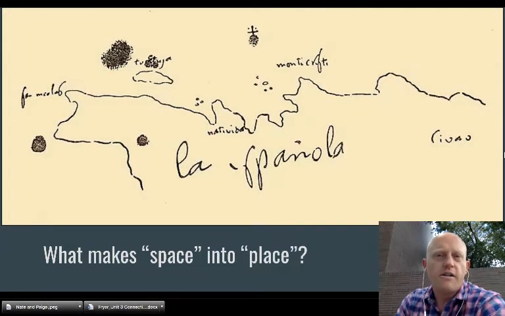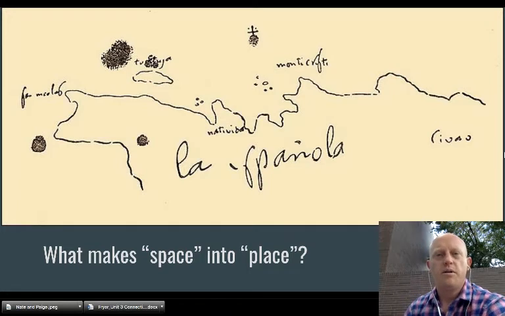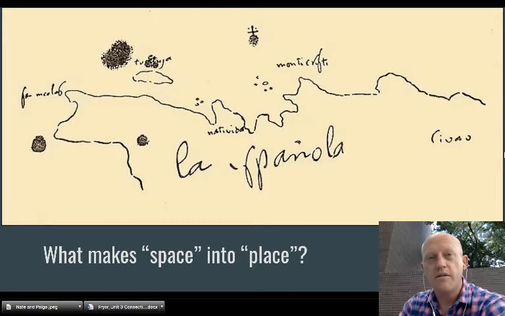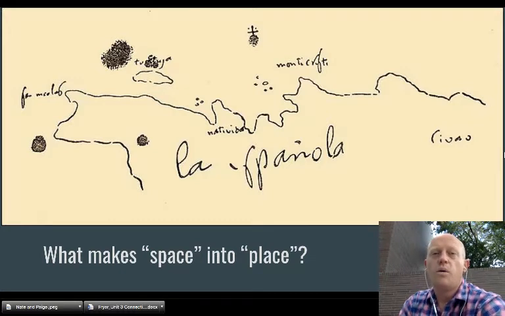So first, let's think about this, what makes space into a place. The study of geography in general is the study of how we relate as human beings to the spaces around us, how we define the globe in terms of mapping it, but also in terms of the landscape, what we build, where we group ourselves in terms of culture or belief systems or even religion or whatever it might be, how we divide ourselves into neighborhoods in urban spaces or suburban spaces.